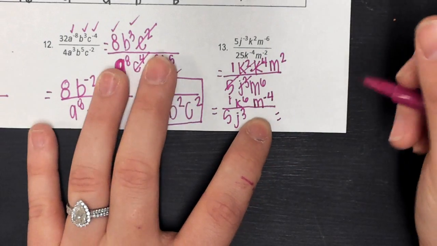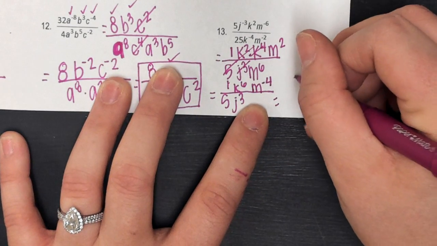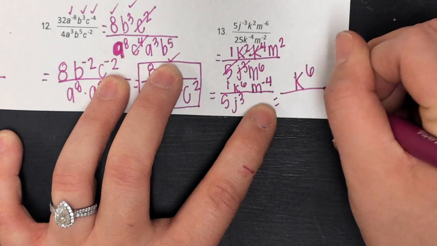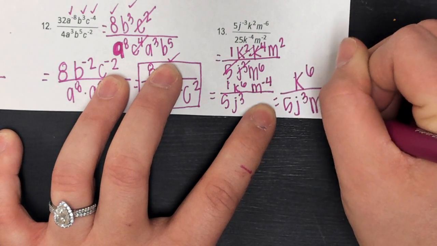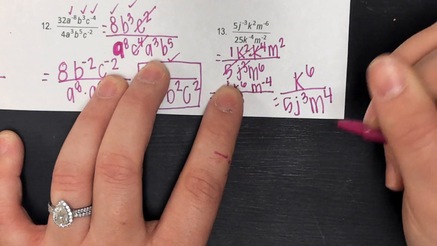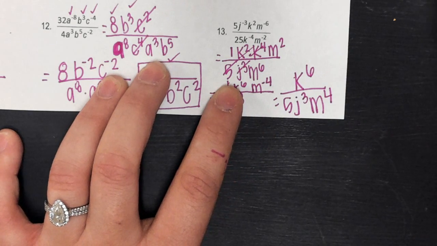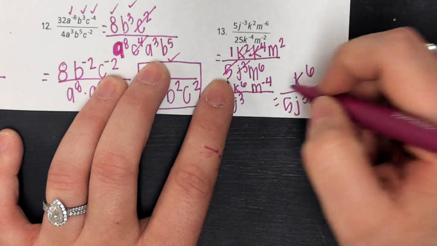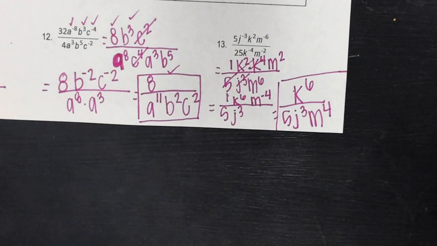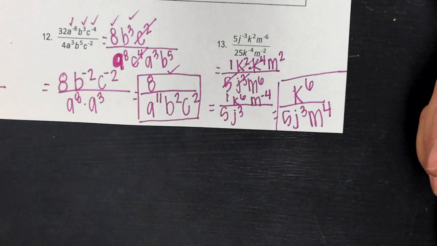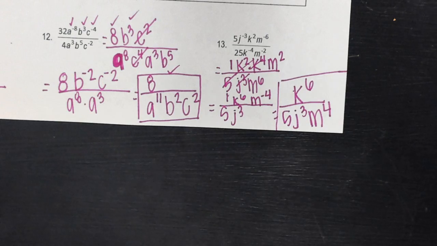So when I really simplify this, I get k to the 6th over 5j to the 3rd, m to the 4th. Do you see why I put m to the 4 on the bottom? So, flip it over.